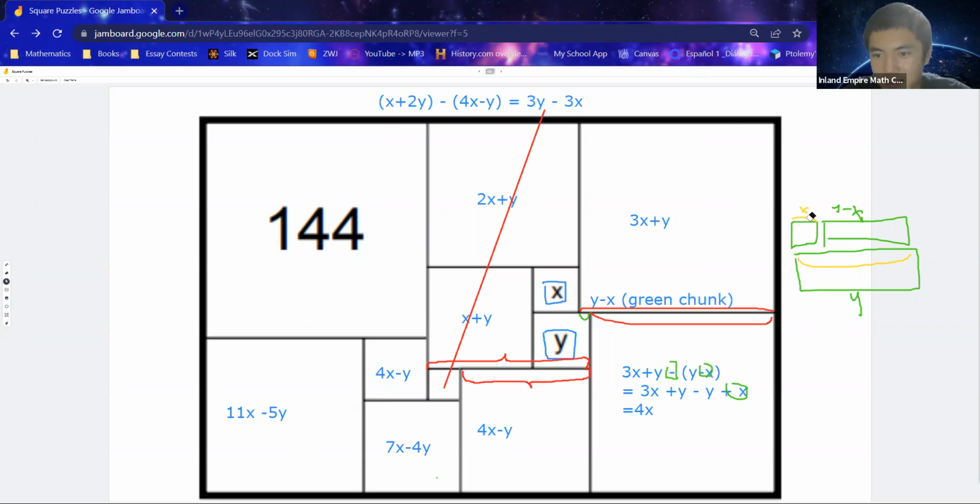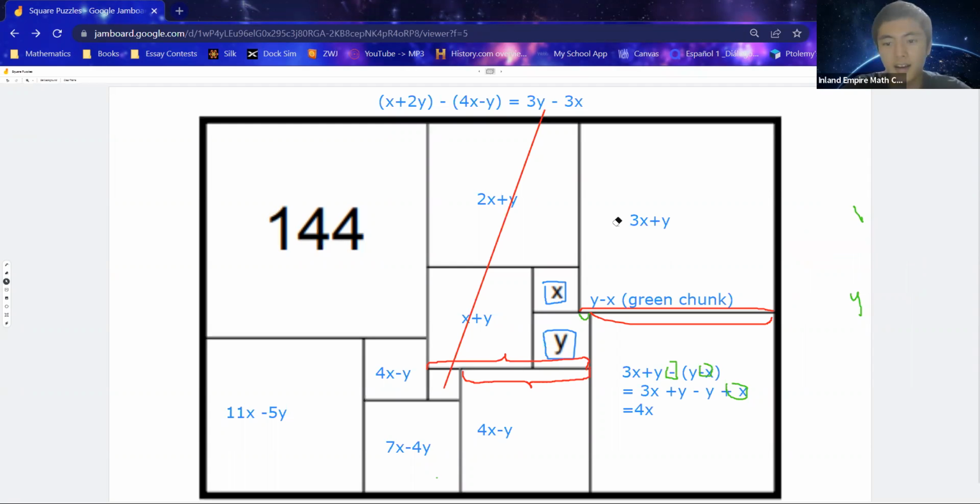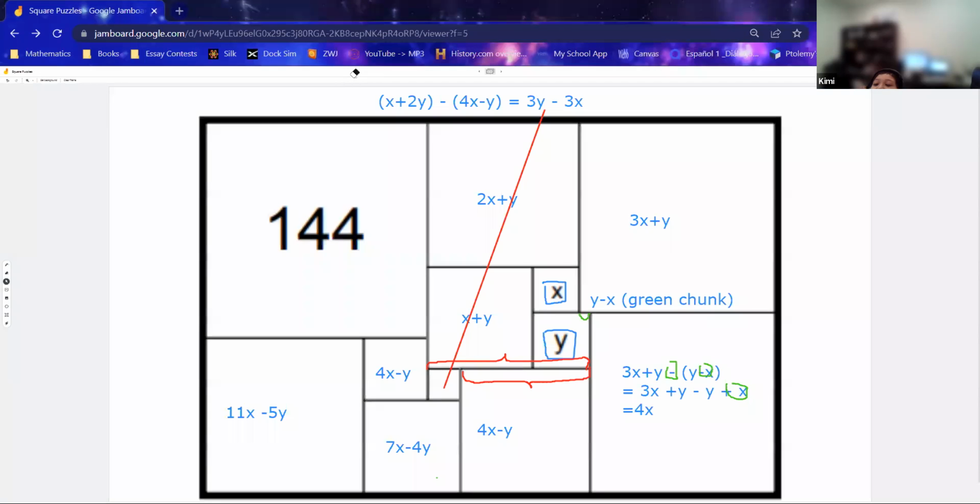No, because I want to make it easier to see. Okay. Why do I keep erasing?